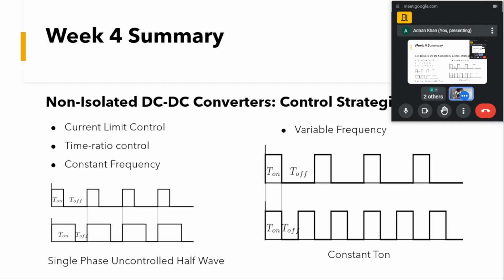Thank you. So here you can see, by increasing the t off, the duty decreases, and due to that we'll have a lower average voltage at the output. But if we want to increase the duty, what we will do is change the switching frequency.